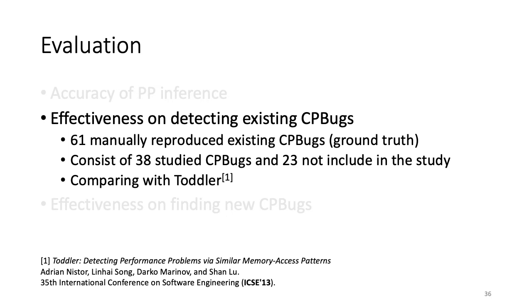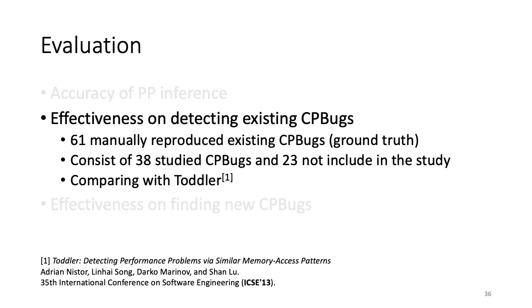Then we try to reproduce every CP bug among the studied CP bugs. To the best of our effort, we successfully reproduced 38 of them. To avoid overfitting, we collected and successfully reproduced 23 CP bugs that are not included in the study. We evaluate CP-Detector on these 61 CP bugs, and we also compare the result with Toddler.